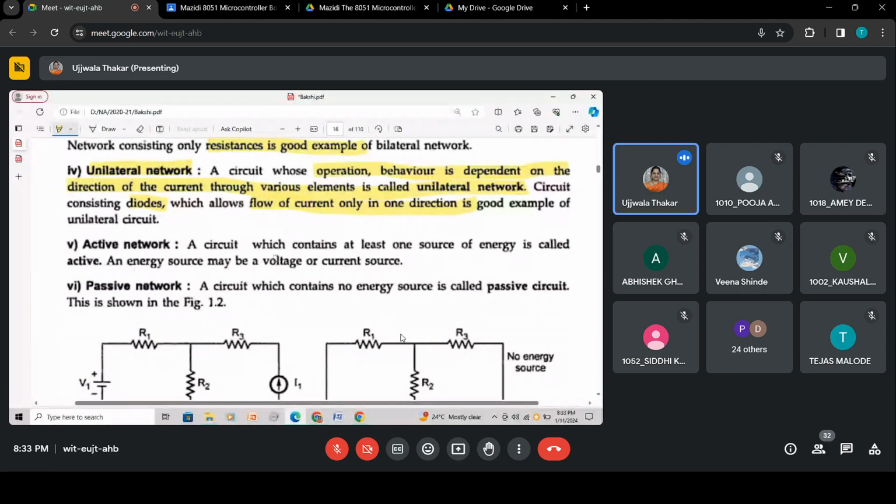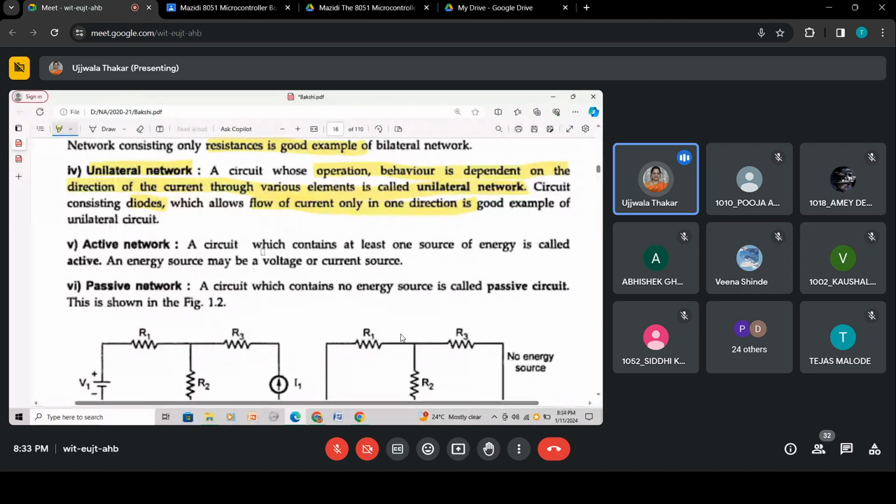A good start is always beneficial, and it will create interest in the subject, which is very much required in network analysis. You should feel that the subject is interesting, then only will you solve more and more problems, because network analysis is totally about the solution of numerical problems.